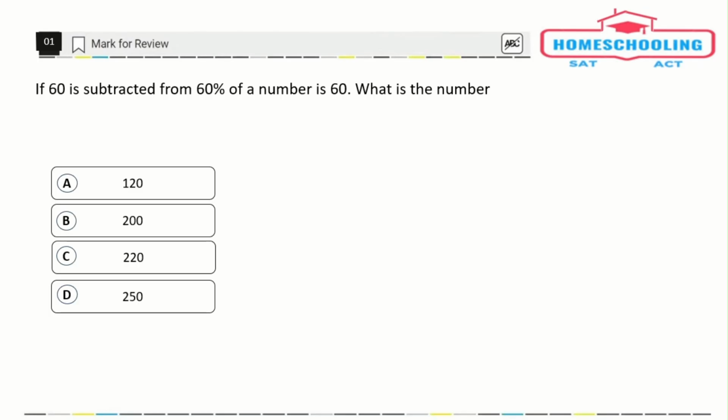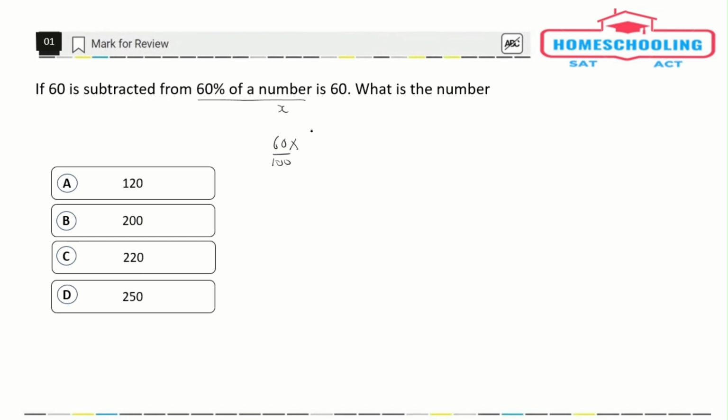In question number 1, it is given that if 60 is subtracted from 60% of a number, the result is 60. So we will take this one first. 60% of a number. 60% would be 60 by 100 of a number.